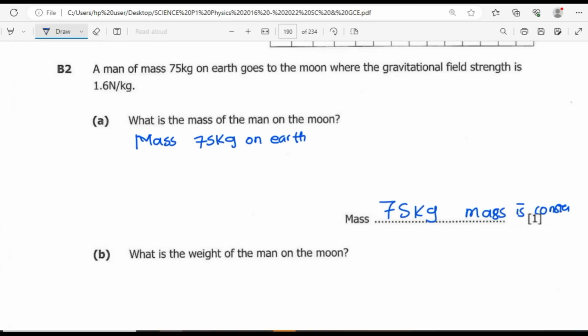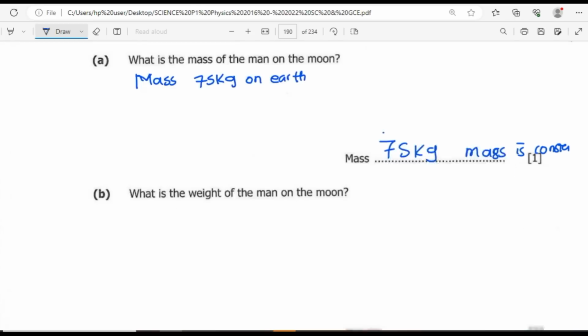So if you take a person with a certain mass on Earth, then you move to the moon, that person or object will still contain the same amount of matter. Matter will not change. So if mass does not change, then what changes? The reason behind it is gravity. What is affected by gravity?